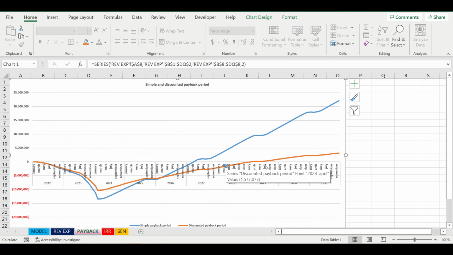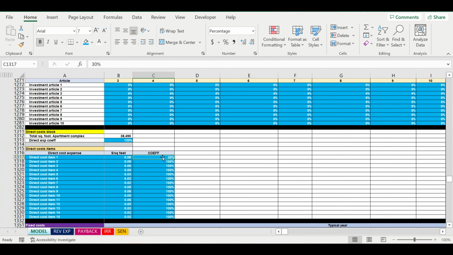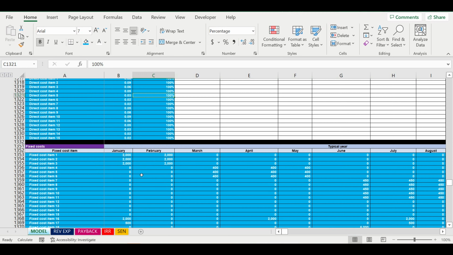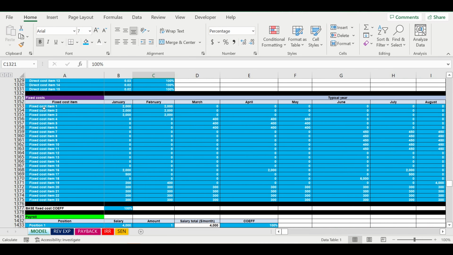Usually the business owners want to look at this or that scenario very quickly without manual adjustment of the inputs. So playing with coefficients is very convenient. Then we have the block for fixed costs.